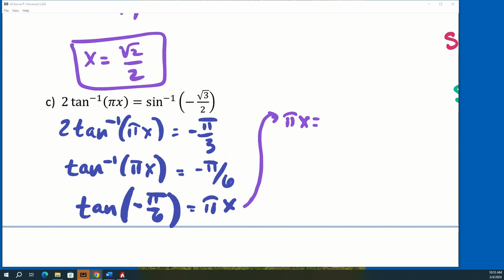So we take the y and multiply it by the reciprocal of the x. It's going to be negative 1 over the square root of 3. So that's what pi x is. So what do we do to find x? Divide by pi.